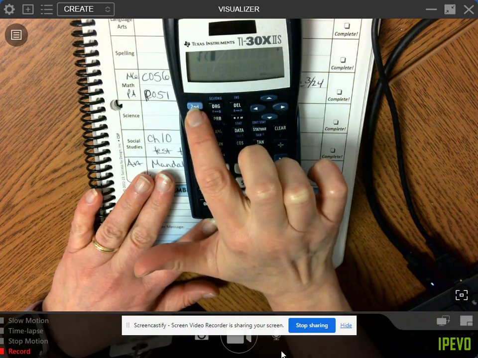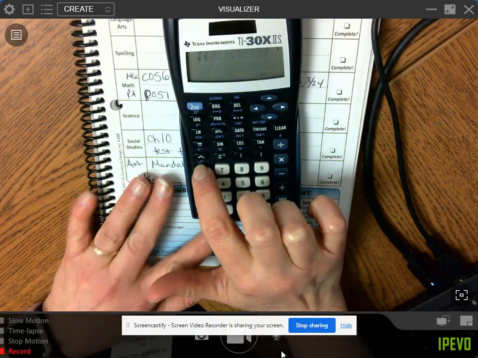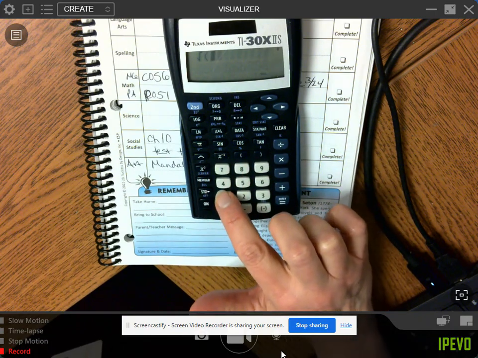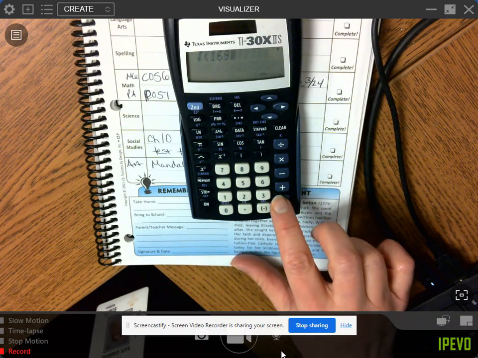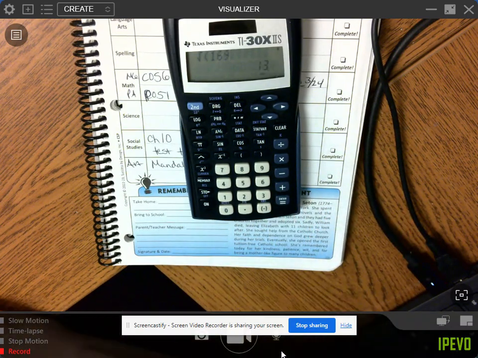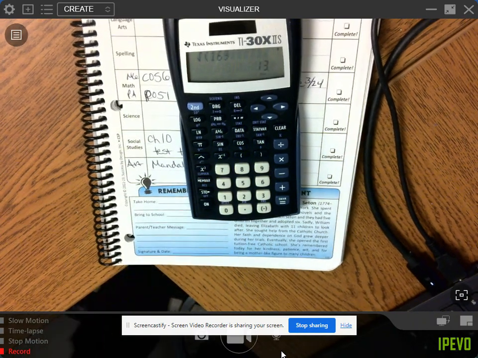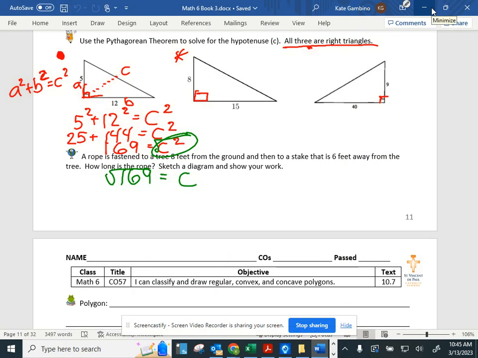So I press the button right below it, and then I type in my number 169. I press equal. Is that what you got, Amelia? Yeah. Awesome. So the square root of 169 is 13. So C equals 13.